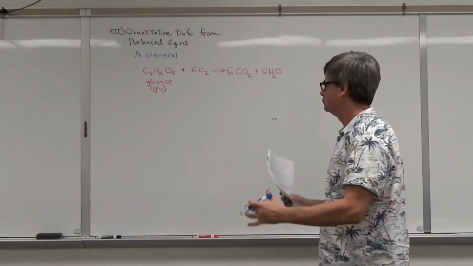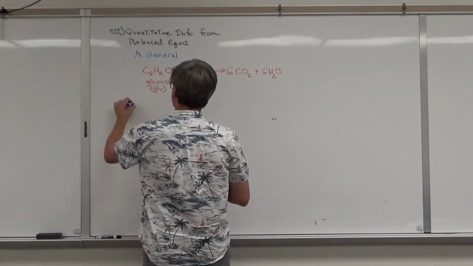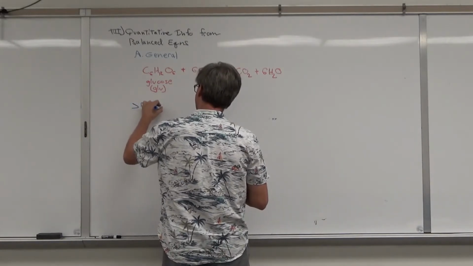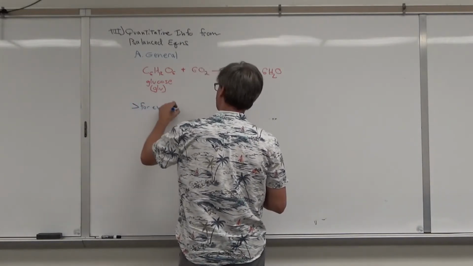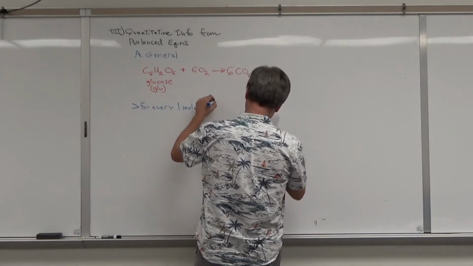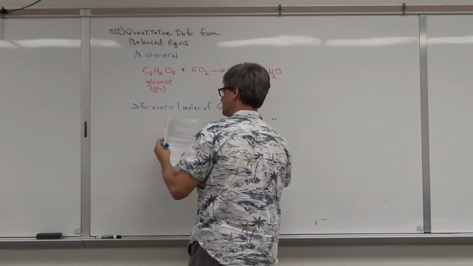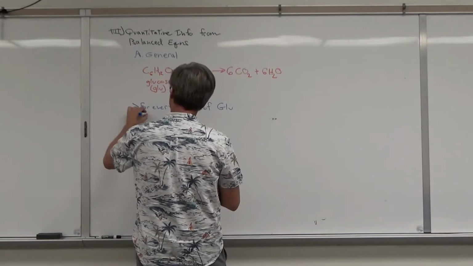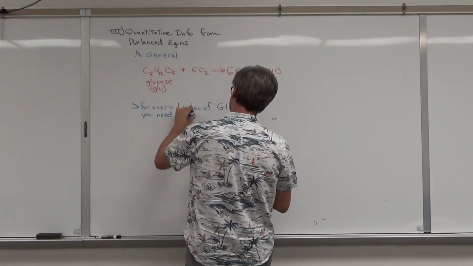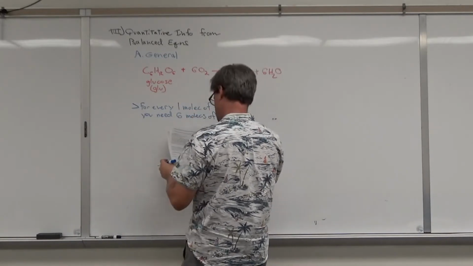And this is glucose, often abbreviated GLU. Okay, and so, really making your notes explicit here. According to that formula, for every 1 molecule of glucose, you need 6 molecules of oxygen.